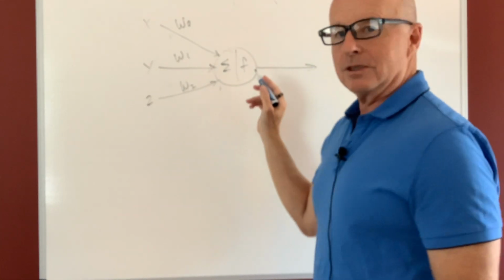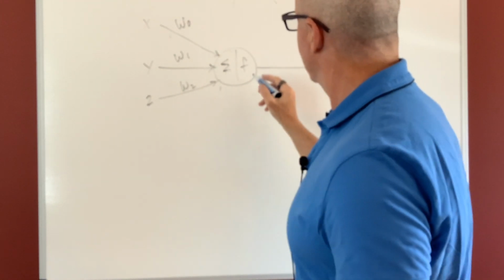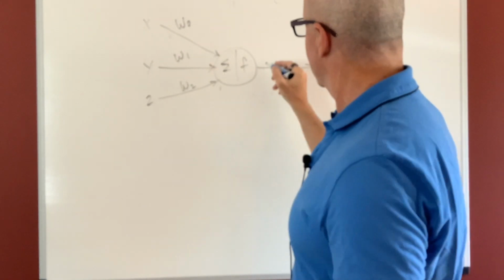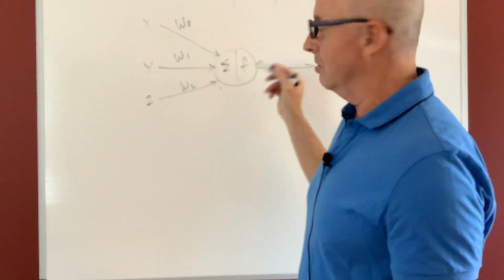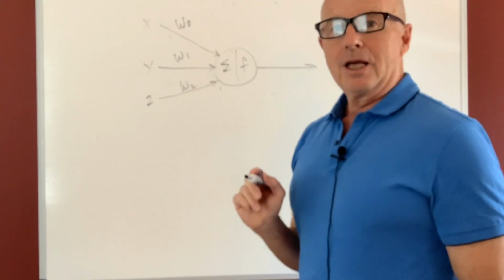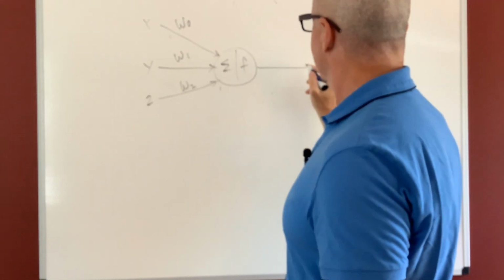This function can be either a step function, where it's taking these and crossing some kind of threshold and then giving an output of a 0 or 1, a yes or no, or it can be a continuous function that gives some sort of weighted output.